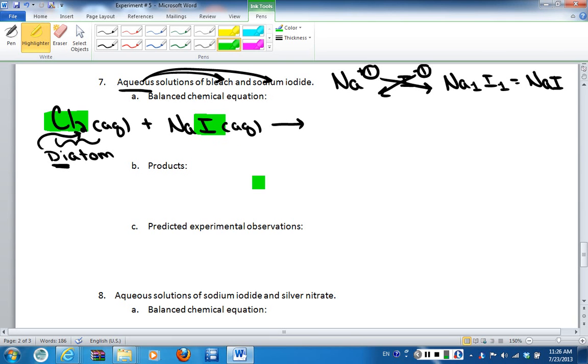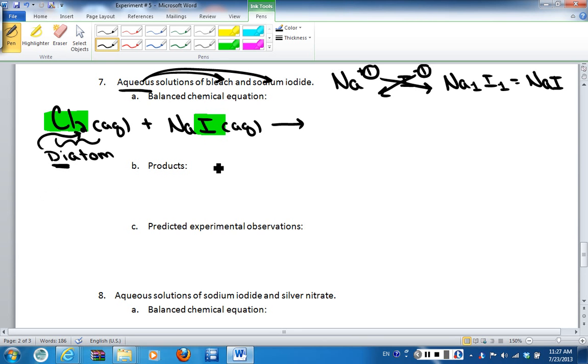So sodium iodide is an ionic compound. Cl2 is not. It is a covalent compound. So we have to do things a little bit differently than what we did in the previous examples. What I mean by that is that this nonmetal Cl2 is going to switch with the nonmetal of the other compound.